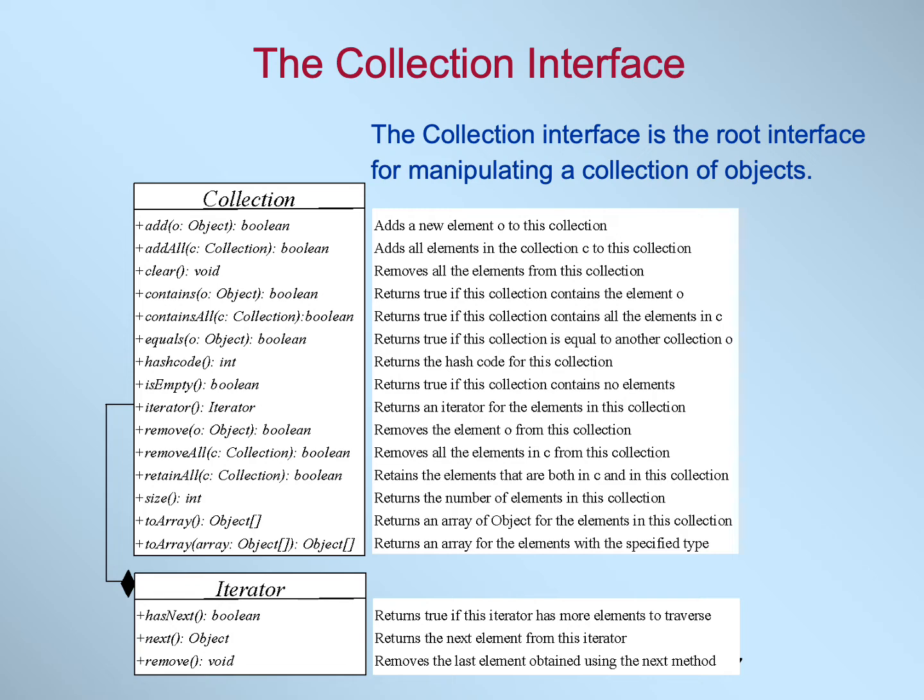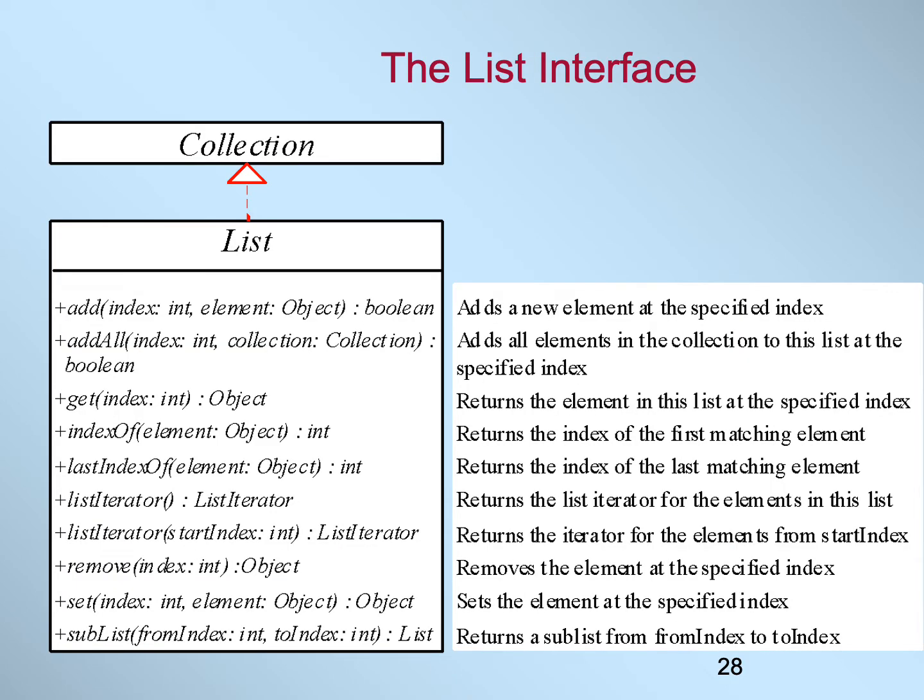The collection interface is the root interface for manipulating a collection of objects. If you look at the operations, we have seen add, remove, and also size. You can refer to the Java API for all the methods that are contained inside the collection interface. List is the sub-interface of collection.